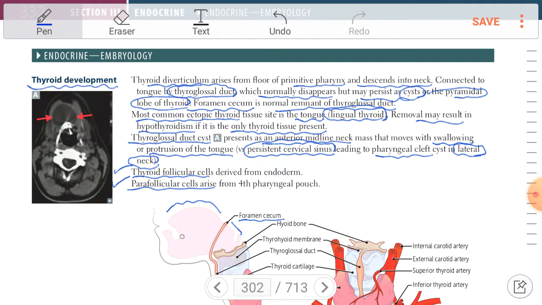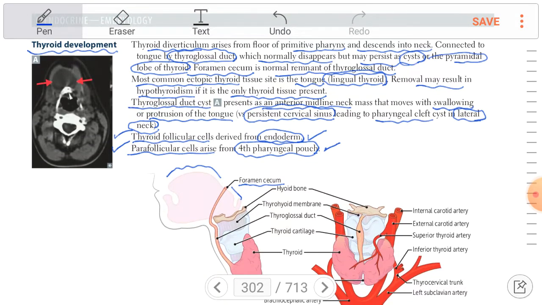Then you have the thyroid follicular cells and you have the parafollicular cells. What is the difference in the derivative between them? The thyroid follicular cells are from the endoderm. The parafollicular cells come from the fourth pharyngeal pouch.